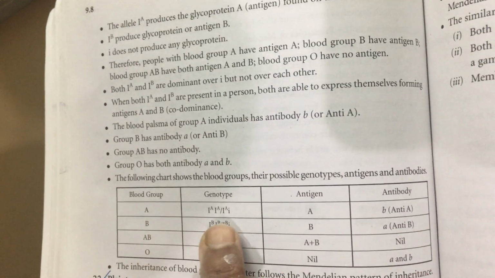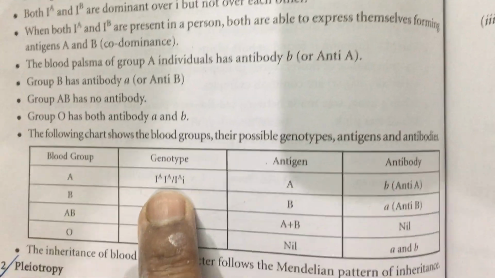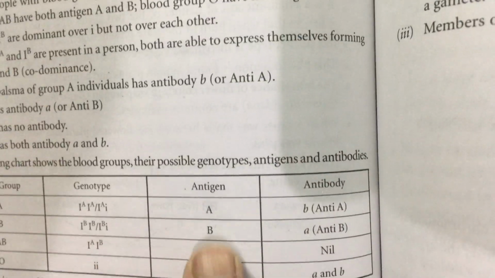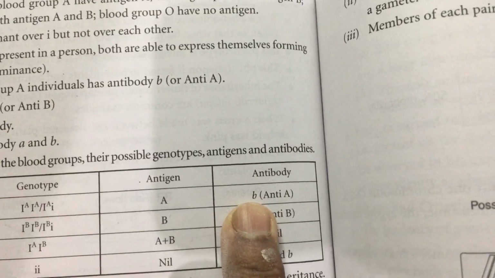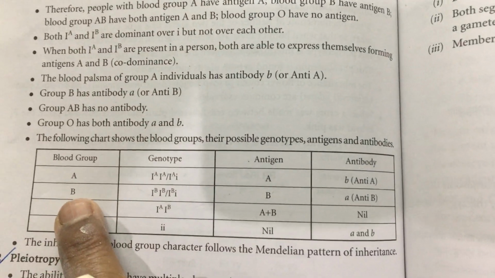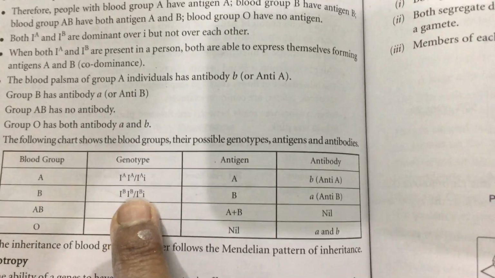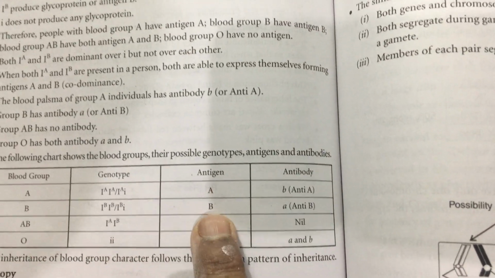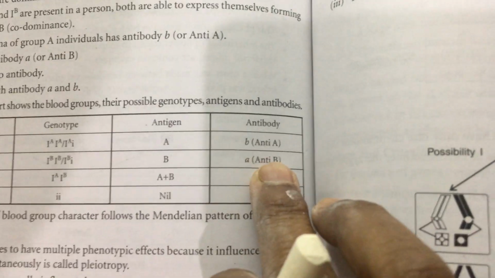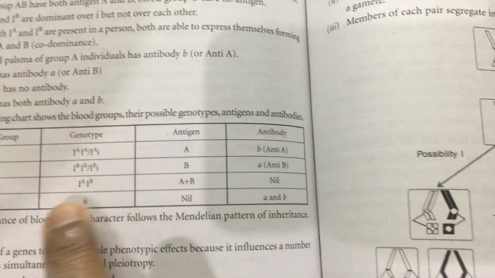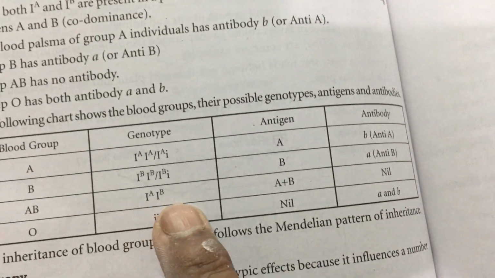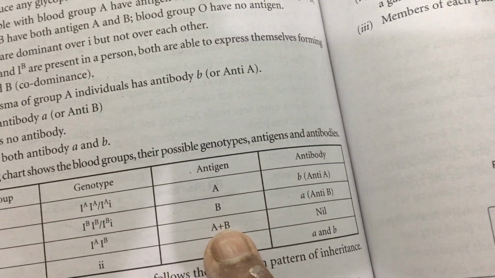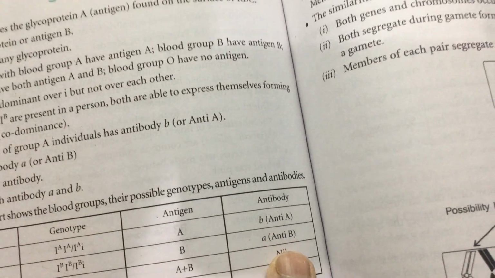Blood group A, genotype IA IA or IA I0. Antigen is A, antibody is B. Then blood group B, IB IB or IB I0. Antigen is for B, but antibody is for A. Then AB blood group has genotype IA IB, antigen both A and B, but no antibodies.